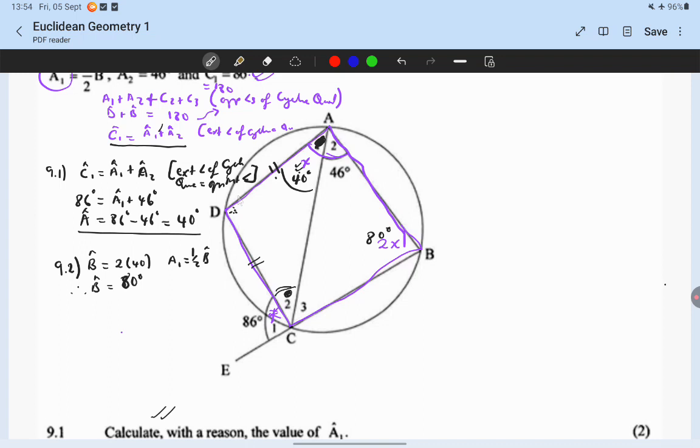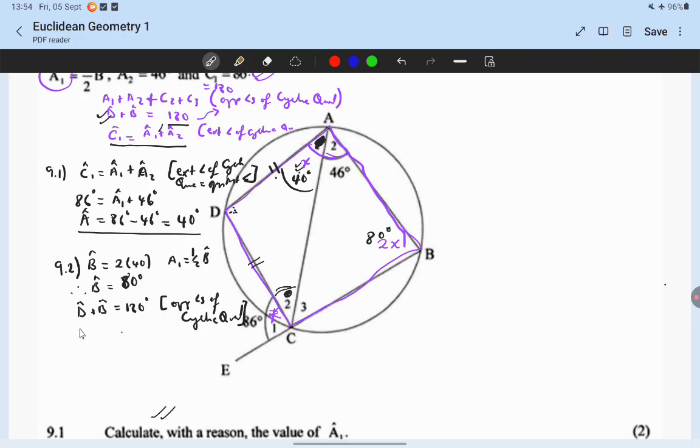These angles, like we already showed there, we said D plus B must be equivalent to 180. So angle D plus B is equivalent to 180 degrees, and the reason being opposite angles of a cyclic quad. So now what can we do?